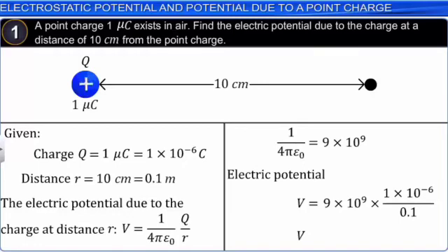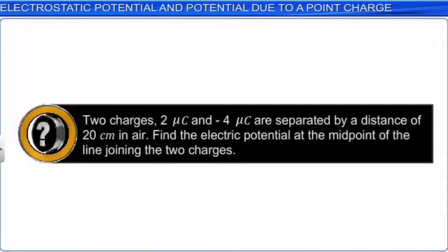Solved example 2. Two charges, 2 microcoulomb and minus 4 microcoulomb, are separated by a distance of 20 centimeter in air. Find the electric potential at the midpoint of the line joining the two charges. Solution.